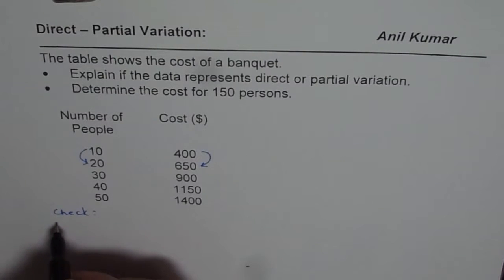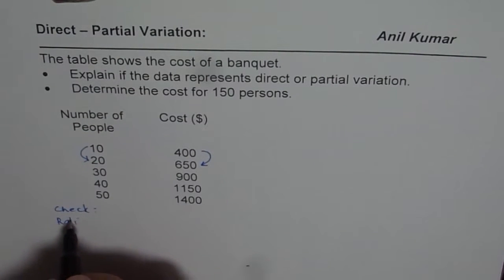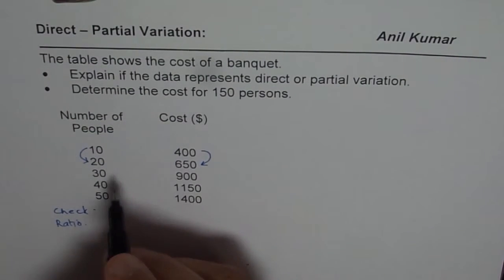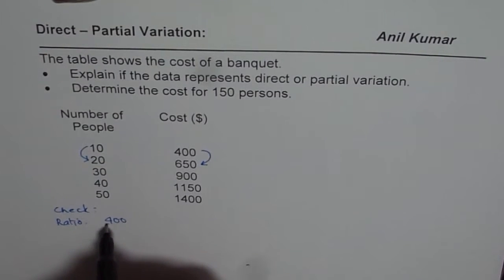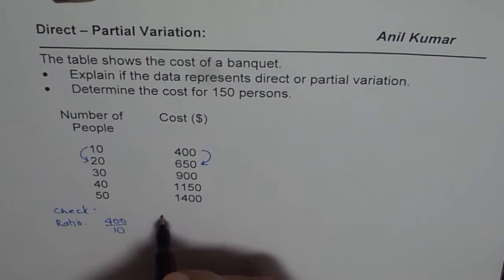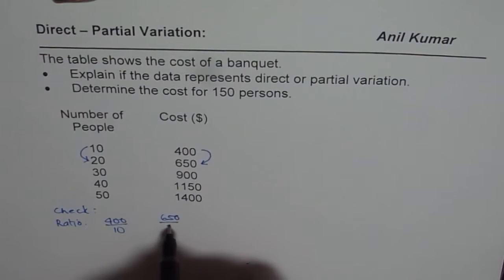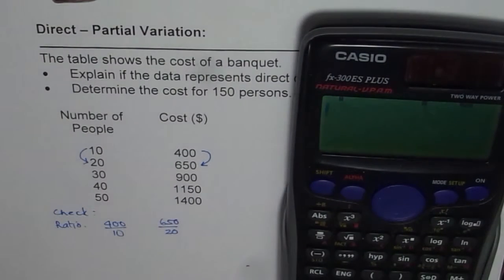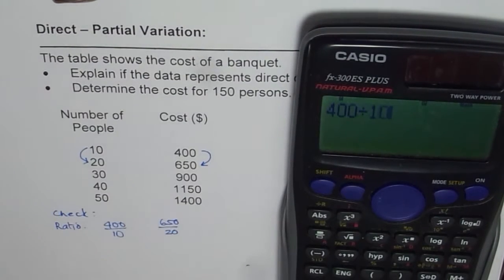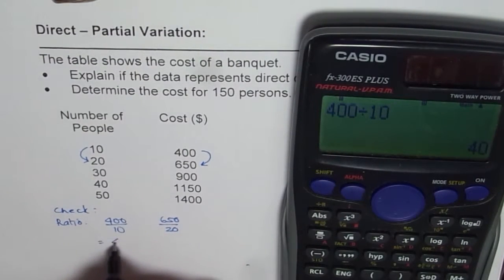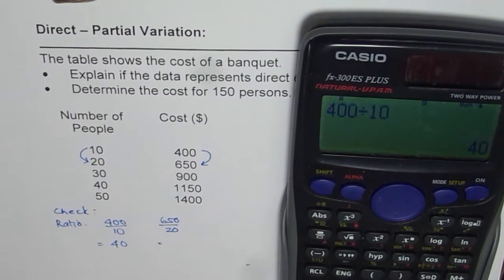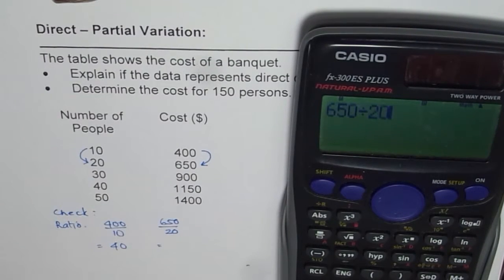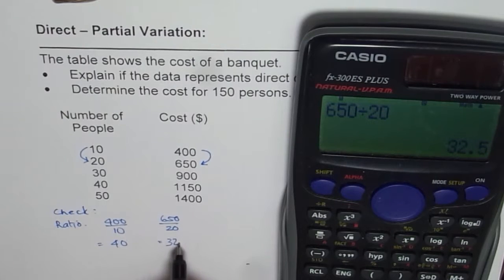So how do we check? We check with ratio. The first ratio is 400 over 10. The second one is 650 over 20. If you use your calculator, you'll find 400 divided by 10 is equal to 40, whereas 650 divided by 20 is equal to, in decimals, 32.5.